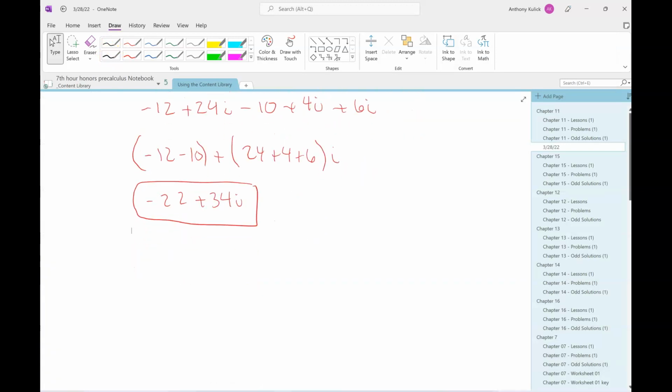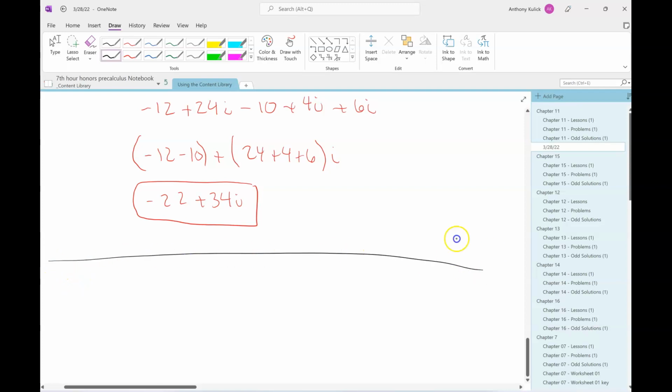So the number line, way back in elementary school, allowed us to define addition and subtraction, right? The other thing that the number line can be used for is another definition.